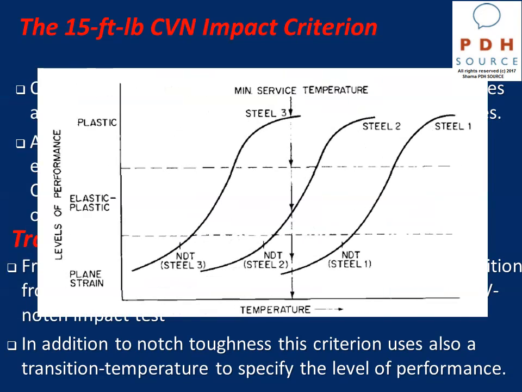For example, you can see here that for the level of performance, we have basically, as I mentioned, three levels of performance: plane strain, elastic plastic, and plastic. We have three types of steels here. Steel 1 will perform at the service temperature in a plane strain manner. Steel 2 will have elastic plastic performance, and steel 3 will have plastic performance.